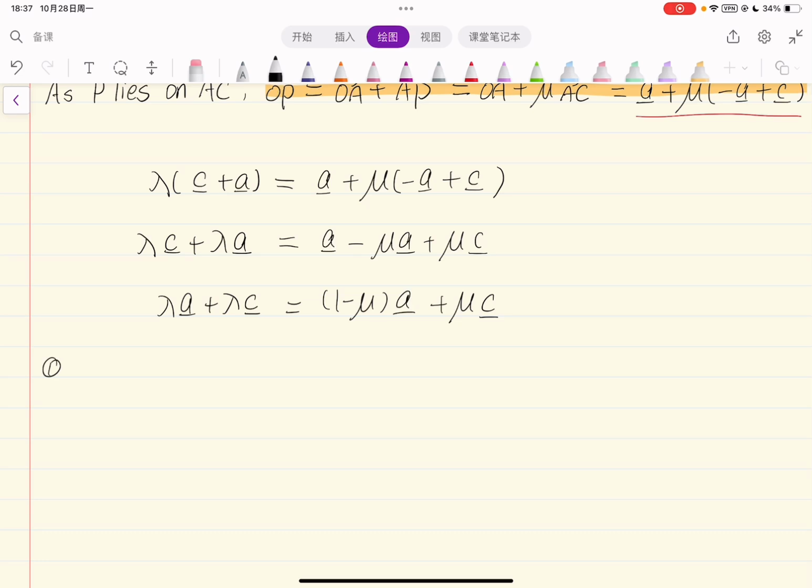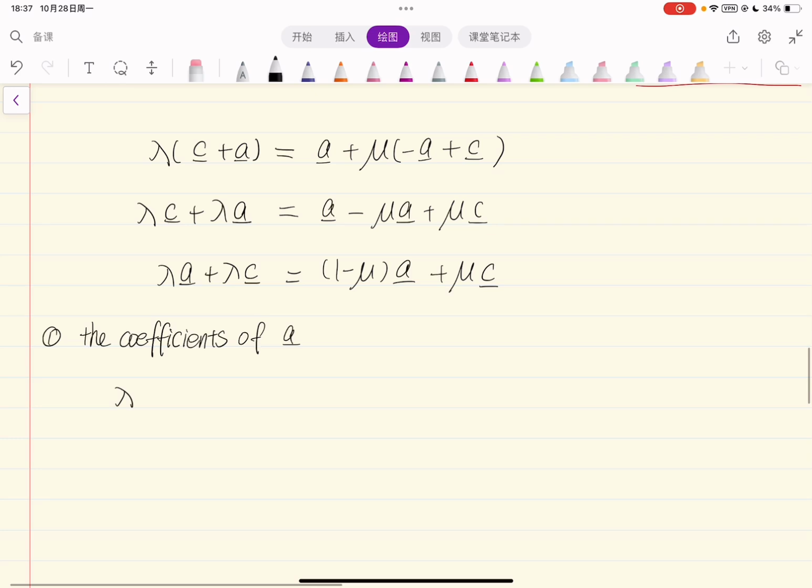Comparing the coefficient of the vector a, we have lambda equals 1 minus mu. And then we compare the coefficient of the vector c.